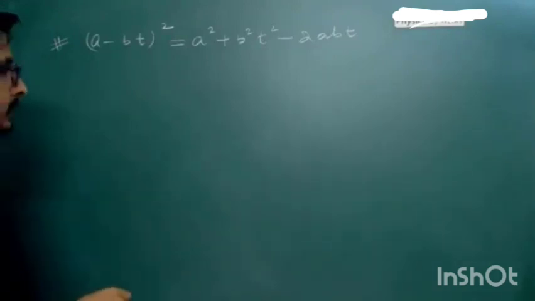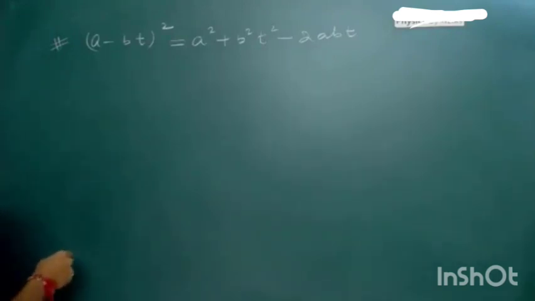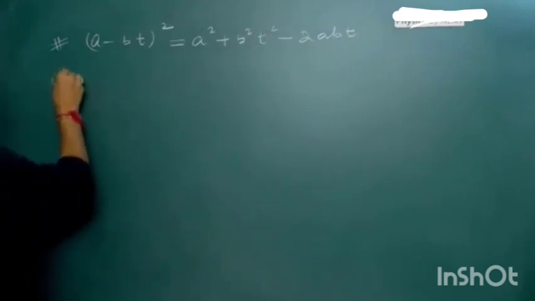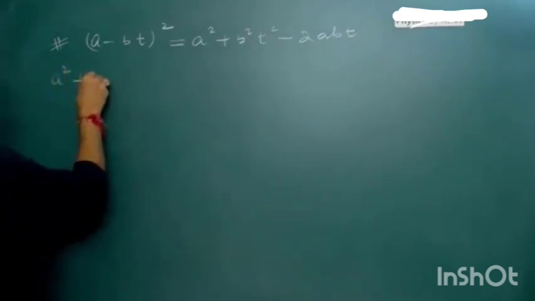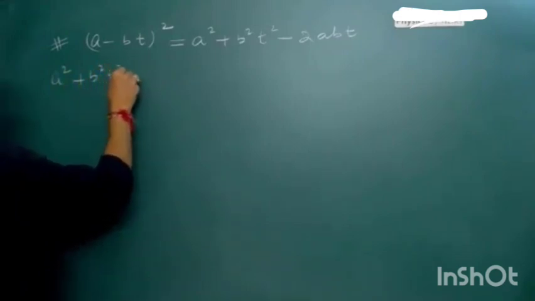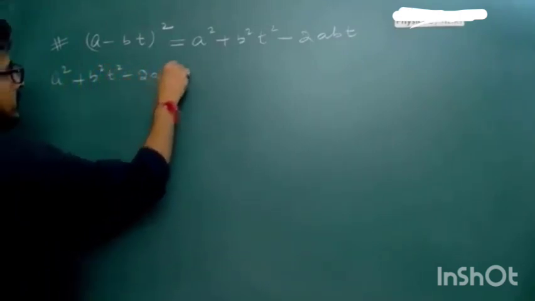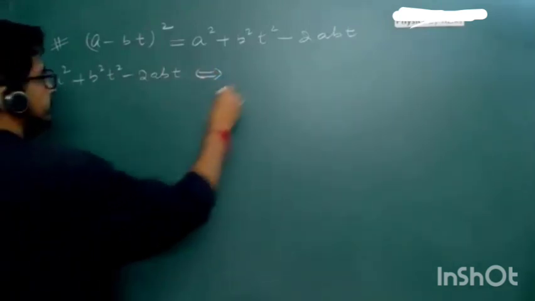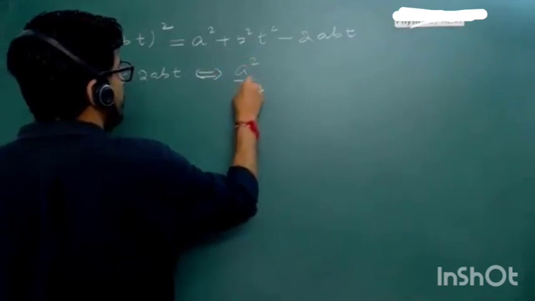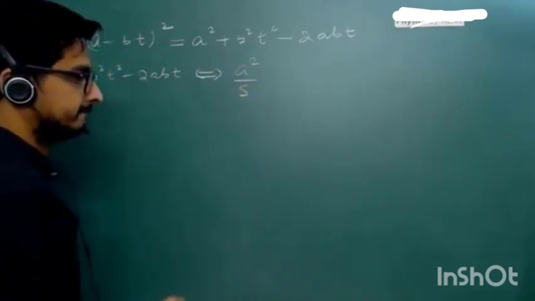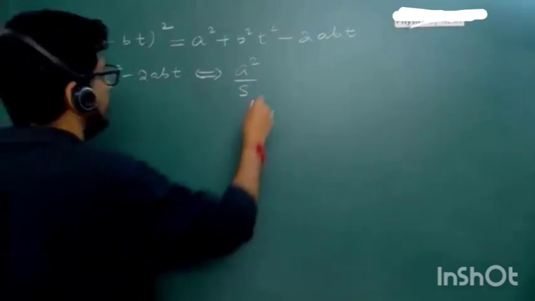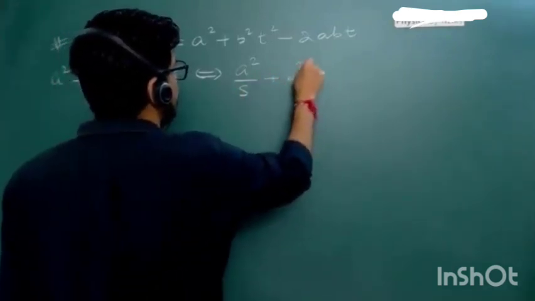This is the question, and I want to calculate Laplace of this, so I will write it like this: a square plus b square t square minus 2abt, and this side I will write the Laplace. So this is 1, so a square by s, correct? And then plus b square.